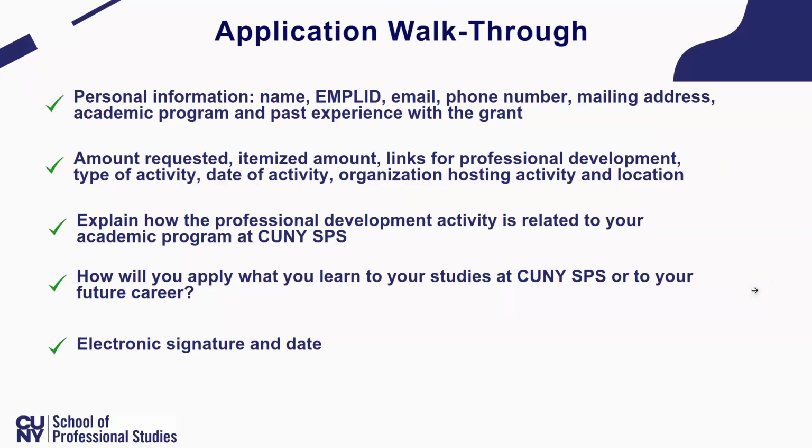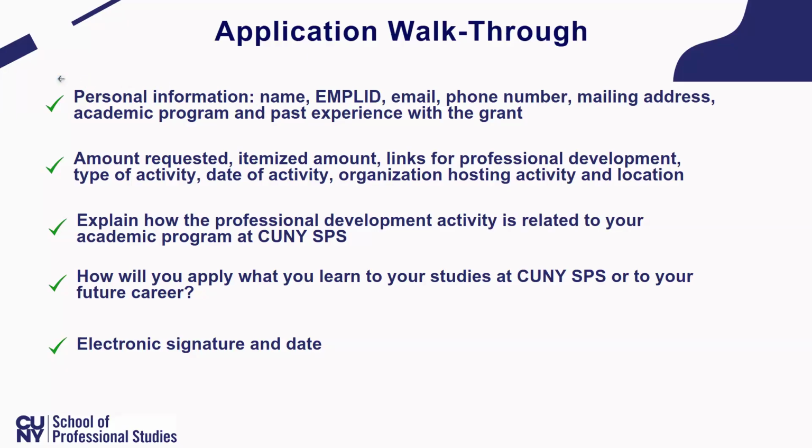So, an application walkthrough. This is the information you'll need in order to submit an application. It's very simple. The first part is that we need your personal information. We need your full name, your MPL ID. If you have a preferred name, we urge you not to submit that.